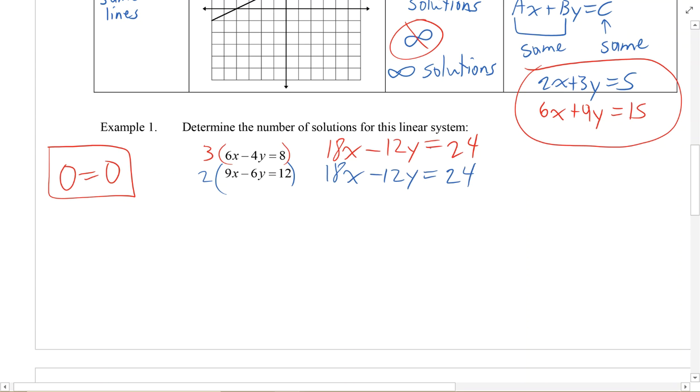So what do you notice? Exactly the same. So you would say same line because same slope, same intercept.